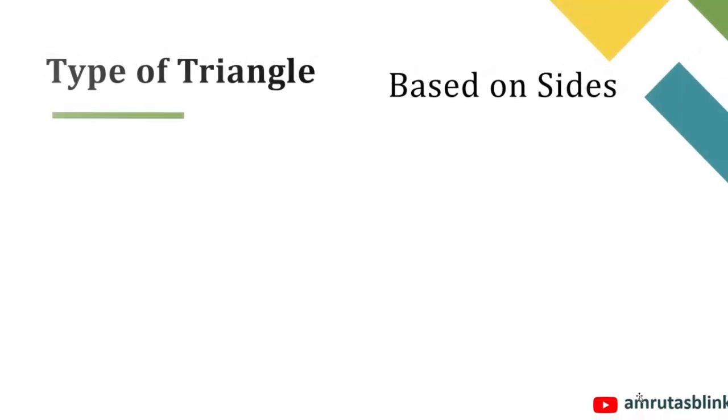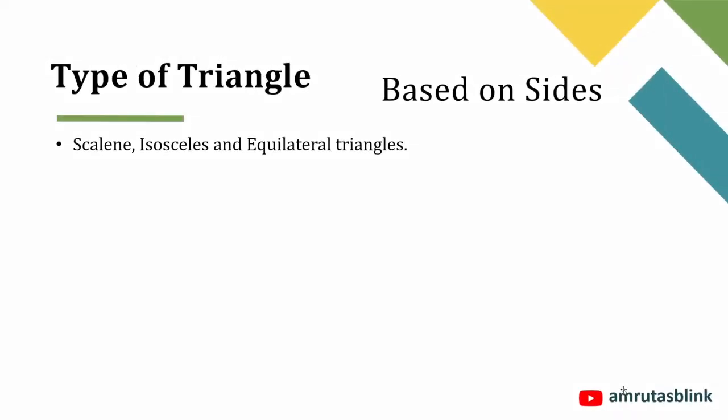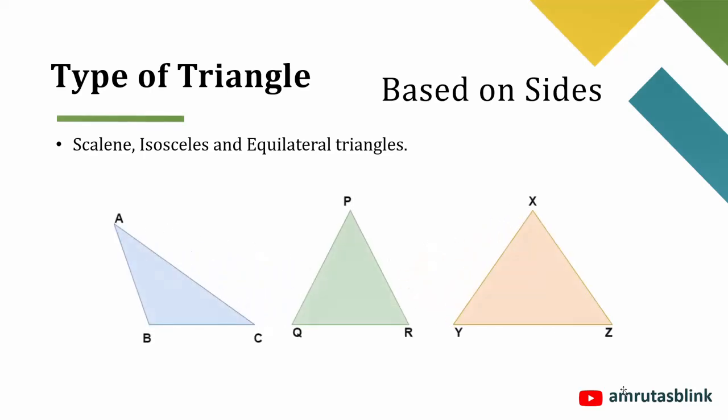Types of triangle based on the sides: scalene triangle, isosceles triangle and equilateral triangle. Now there are three examples: triangle ABC, triangle PQR and triangle XYZ. Now example of scalene triangle is triangle ABC. In scalene triangle, none of the sides of the triangle are equal.